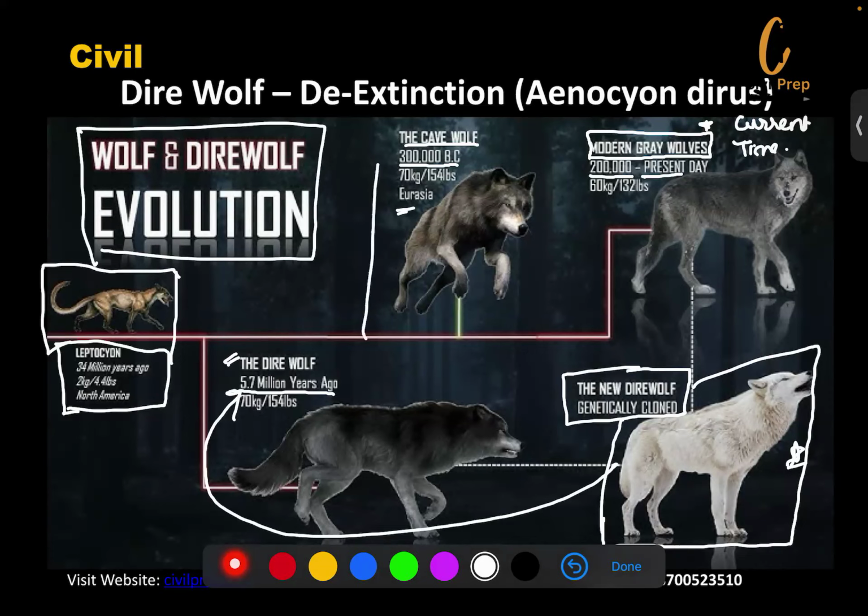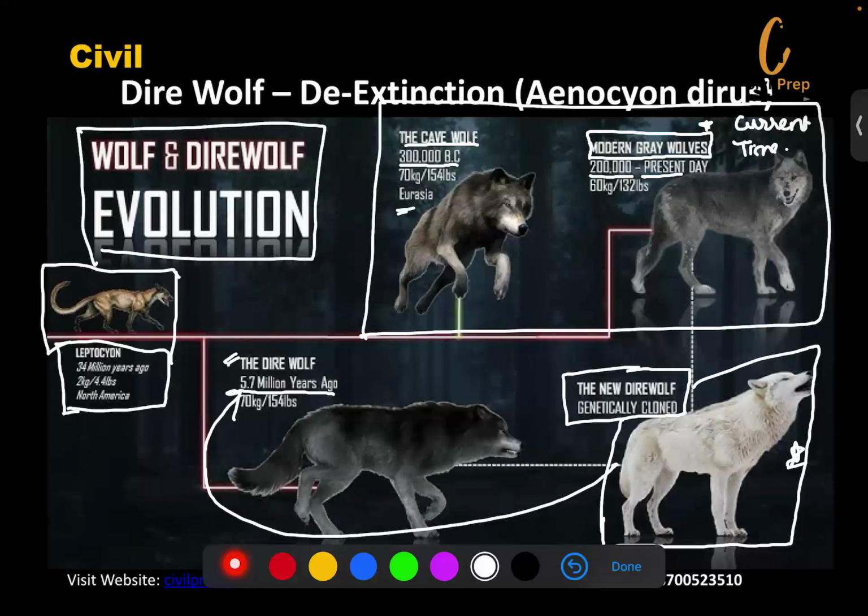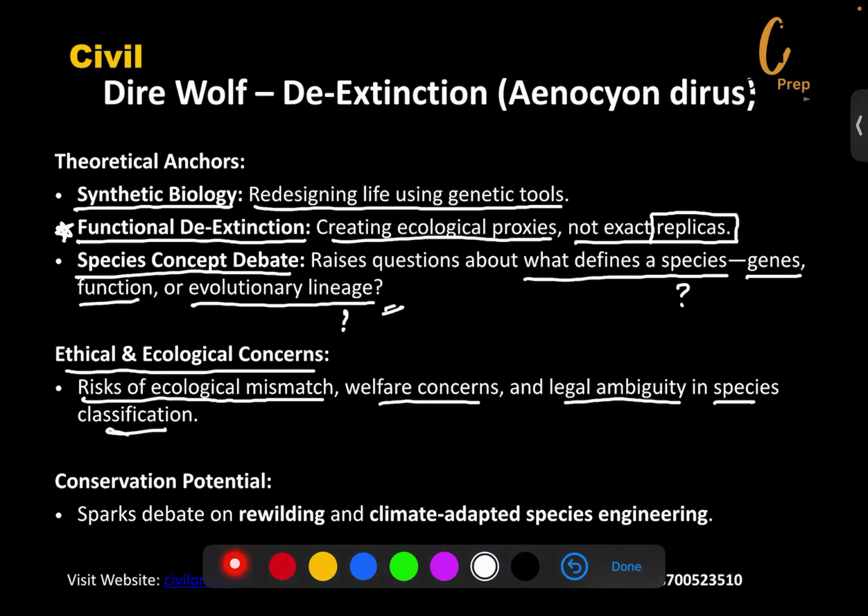Now, in between this, there was development of two more species. But how this species is adapting to the current scenario, what the living conditions were at that time, what the environmental conditions and physiological conditions were, is still very much unknown to us right now. Okay, now this is raising an ecological mismatch here.